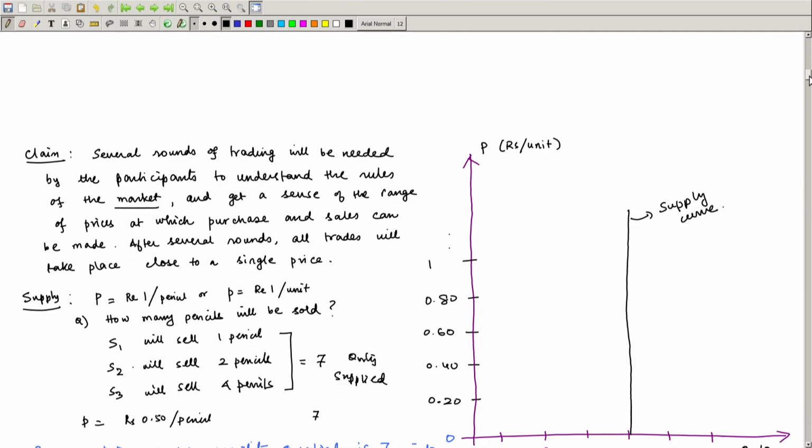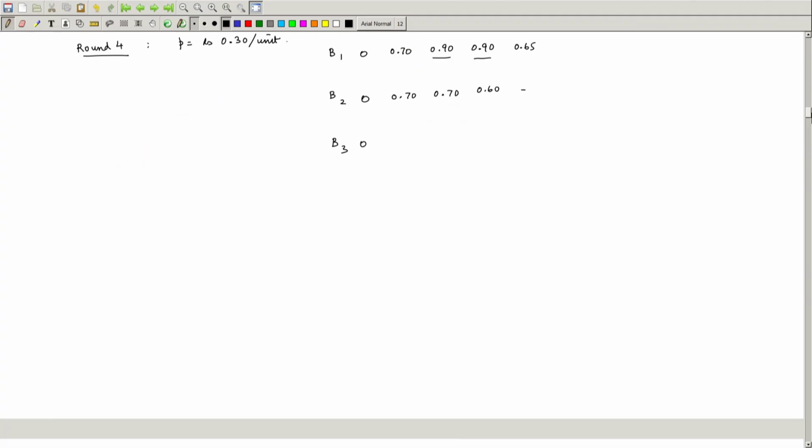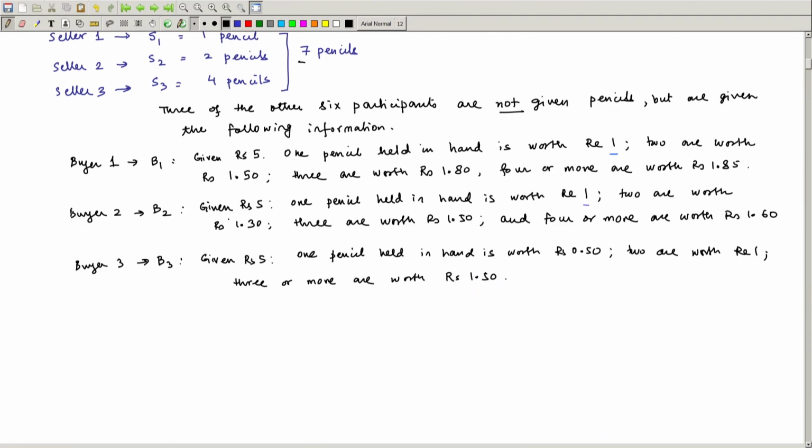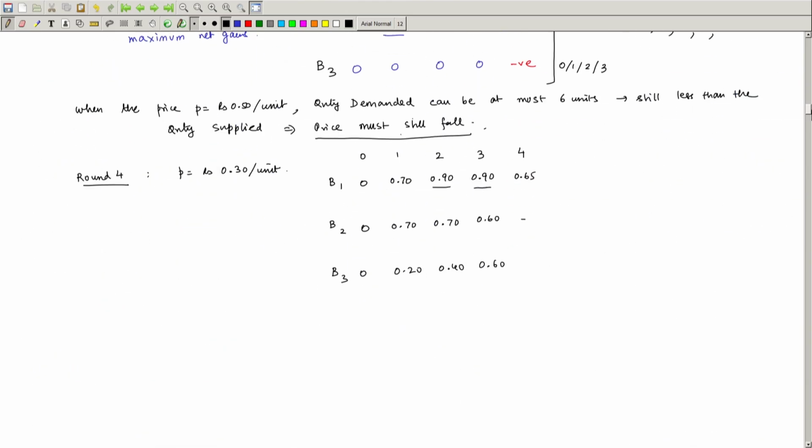So, now for buyer 3, if I enter the values, you can do the arithmetic. You are going to get numbers 0.2, 0.4, 0.6, right. And for buying 4 pencils, for buyer 3 it is worth 1.5, but you would have paid 1.2, 4 times 0.3. So, the net gain would have been 0.3.